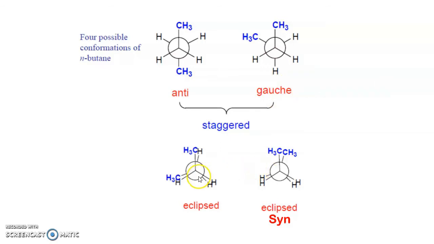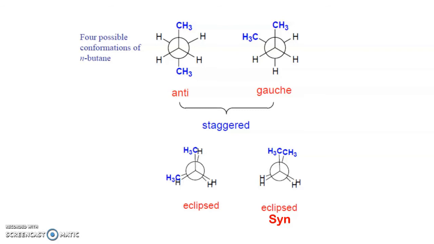It's because in the eclipsed conformation the methyl group and the hydrogen eclipse together, but in gauche the bonds are anti to each other. The reason we call this gauche is that the methyl groups, the bulky groups, are near to each other.